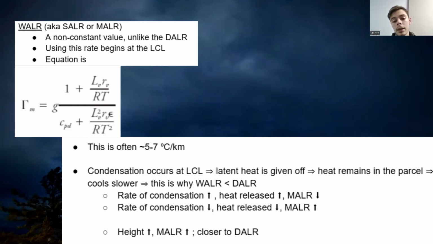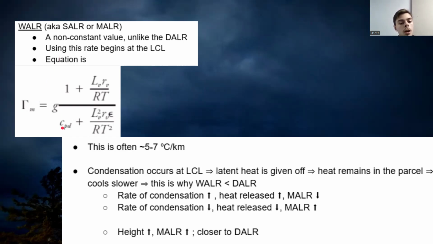And remember, latent heat is phase change heat energy that's given off. This causes the parcel to cool slower. And this is why the dry adiabatic lapse rate is always greater than the wet.